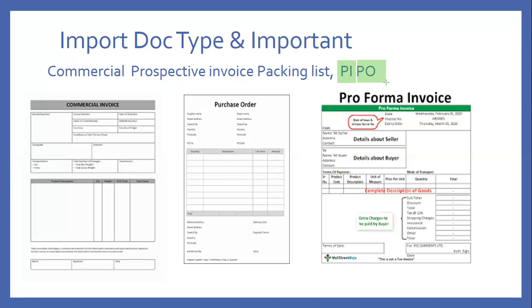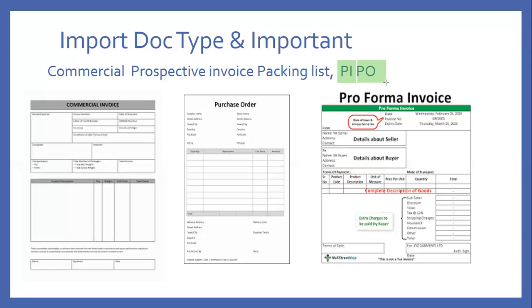Here we need to understand the difference between the proforma invoice and the commercial invoice, because both documents are prepared by the shipper, the exporter. The difference is that the proforma invoice is only the rate card for the buyer, and the commercial invoice says that the goods have been dispatched and the payment needs to be collected from the buyer.